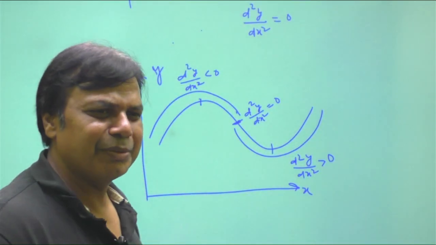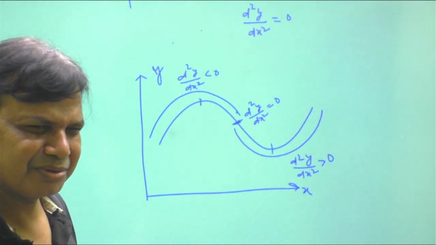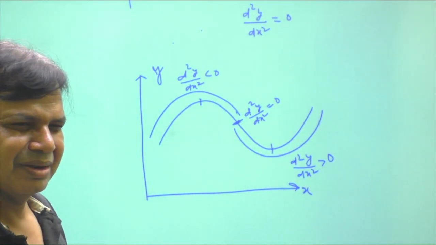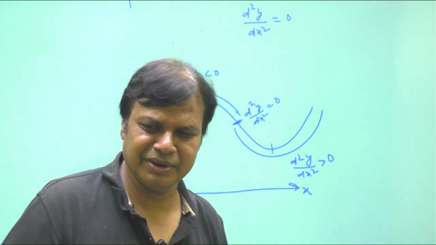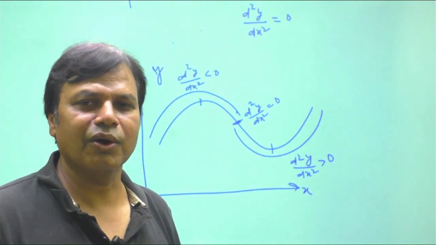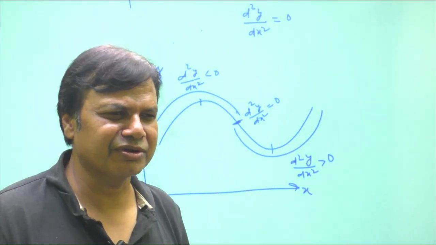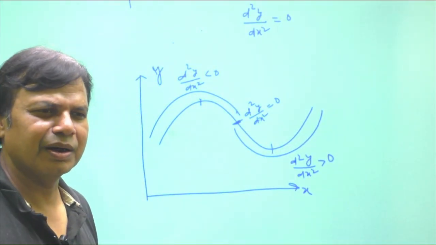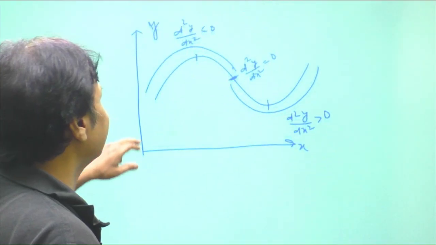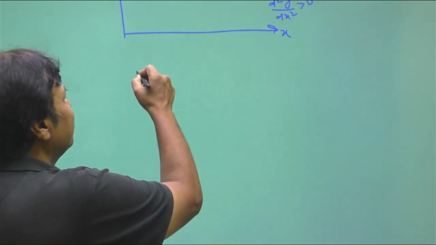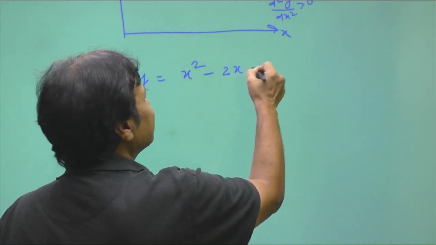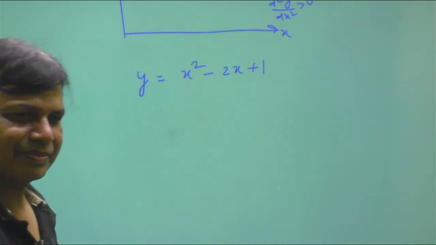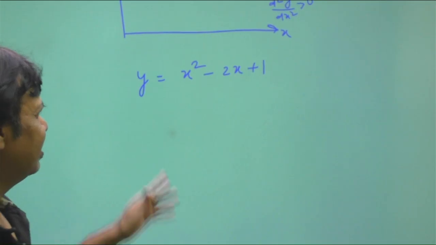And if you can keep them in mind, and if you want to draw the graphs of ordinary, simple continuous curves like a polynomial, for example x square minus 2x plus 1, you have to do nothing.